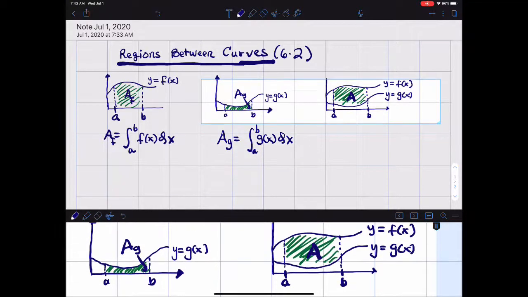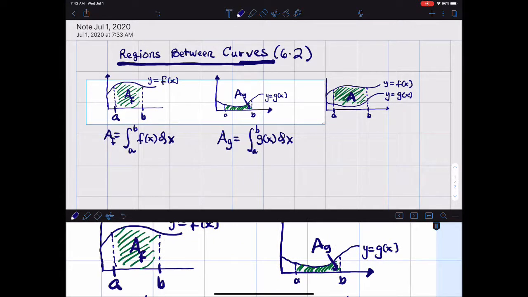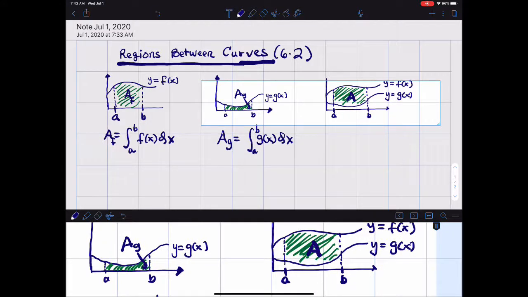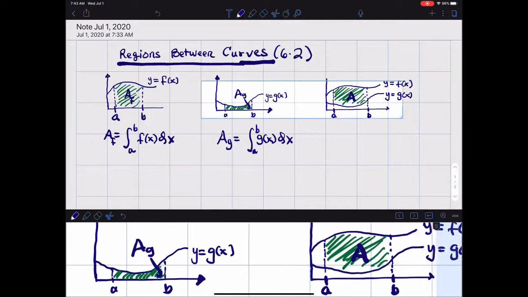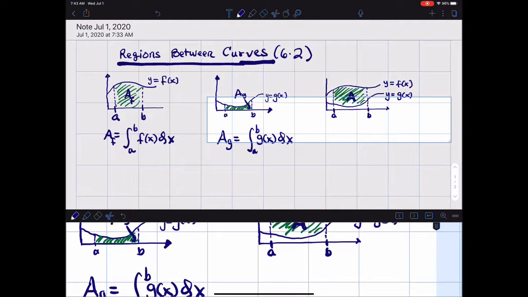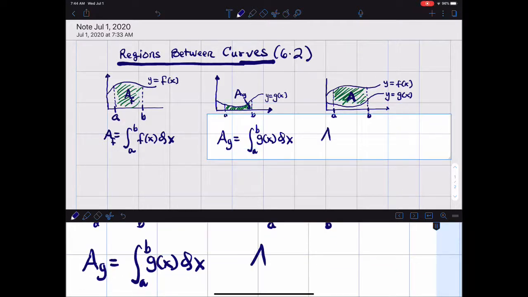Just looking at this visually, the larger area is A F, the smaller area is A G. A is in between A F and A G. And if you look at this visually, you can conclude that to find A, we just have to subtract A G from A F, right? So A over here is A F minus A G.